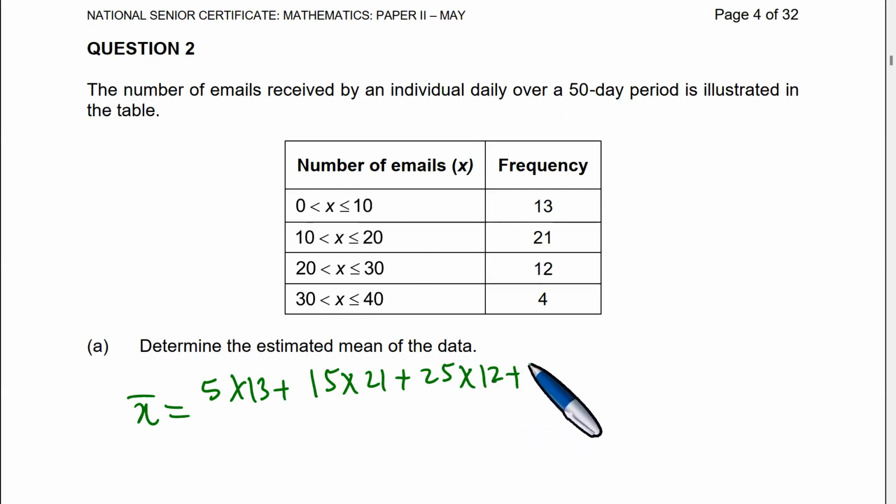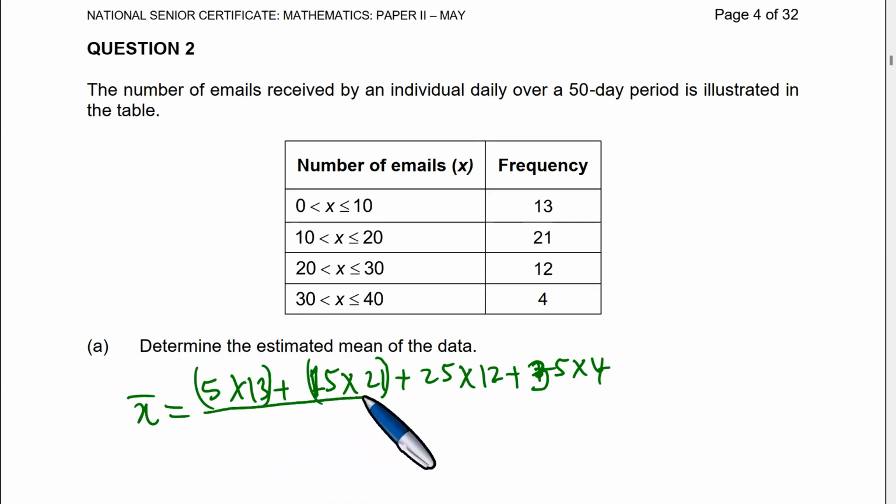You divide by 2, so it's 35, by 4. So you have 5 by 13, 15 by 21, 25 by 12, 35 by 4.